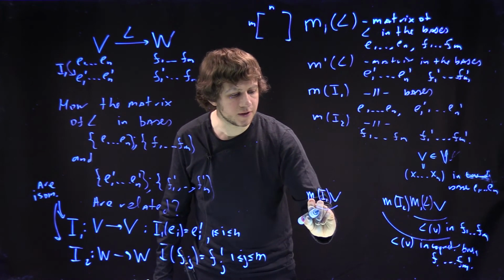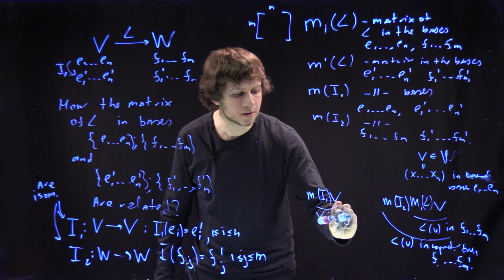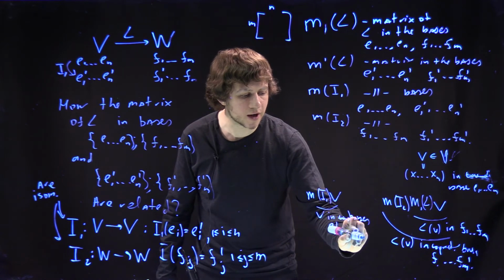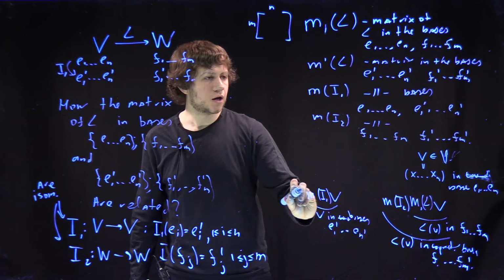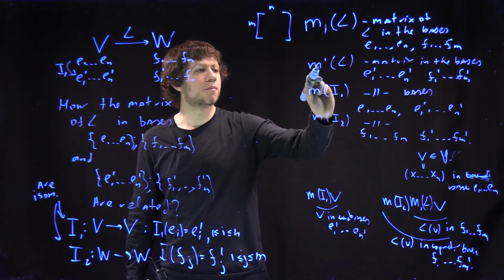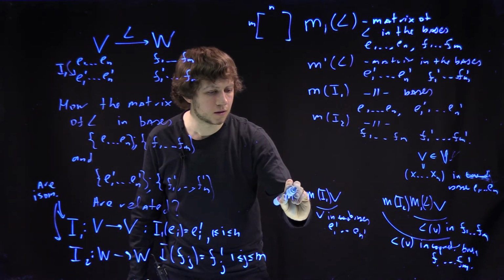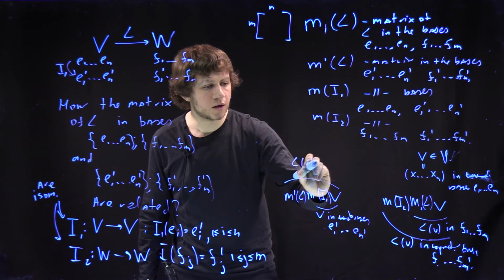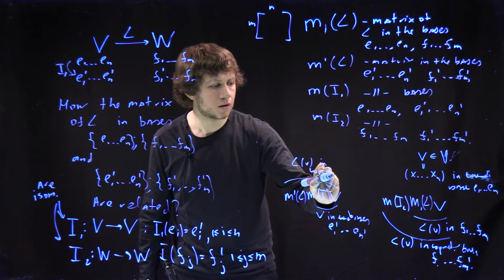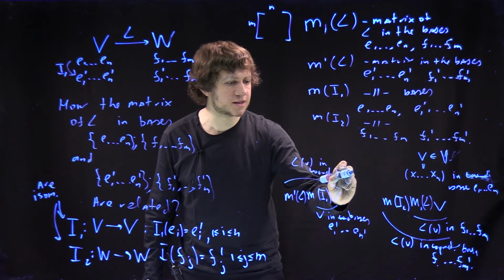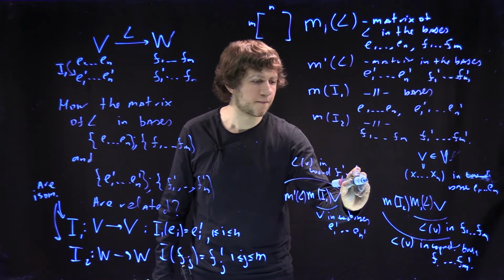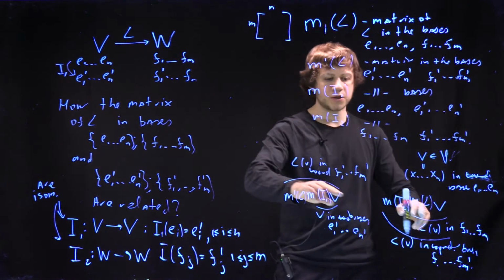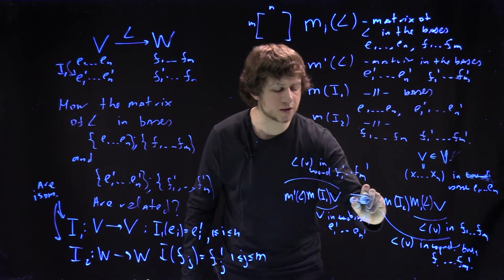Now this is vector v in the basis e1 prime up to en prime, and if I multiply it on the second matrix M prime of L, then I will get the same vector L of v in coordinates in basis f1 prime up to fm prime. So now I have two ways to write down the same vector L of v in the same coordinates, so they should agree. These two guys are equal to each other.